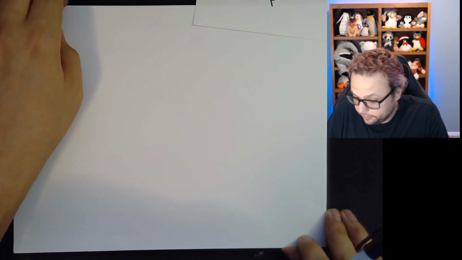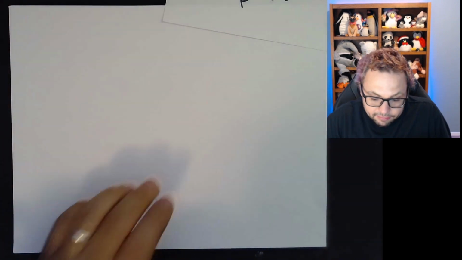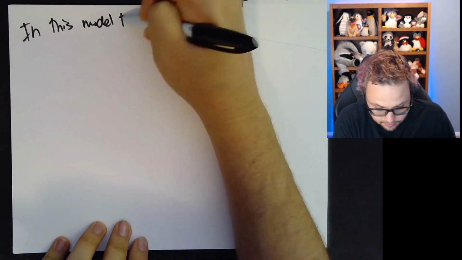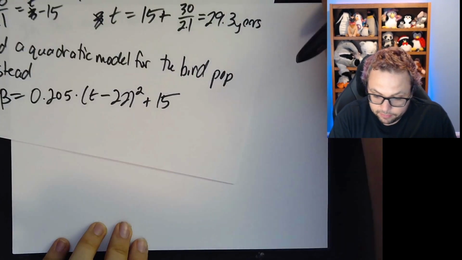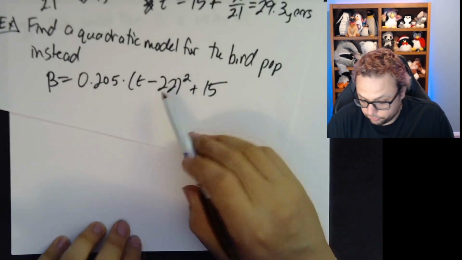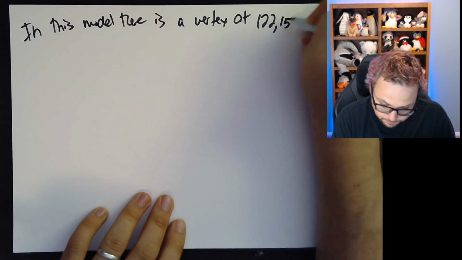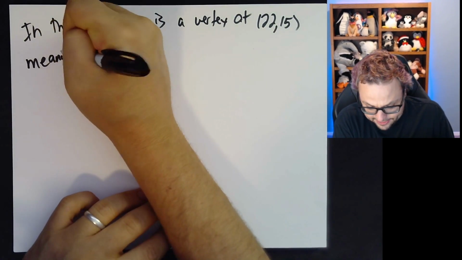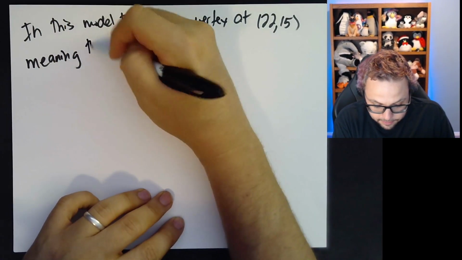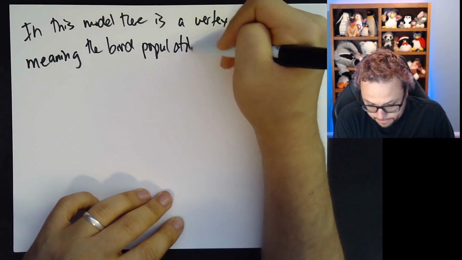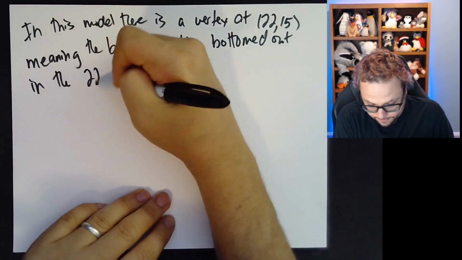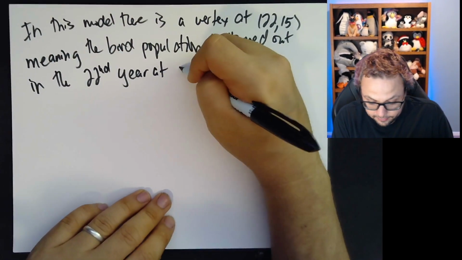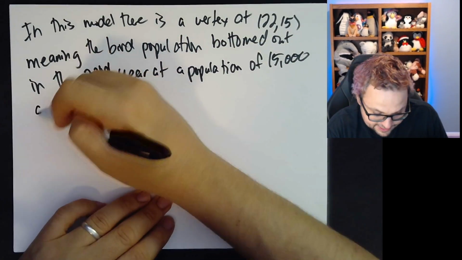So in this version, here we have a vertex, and you can just read the vertex straight off of the way we've written the model. The vertex is (22, 15). And what does that mean in this case? Meaning the bird population bottomed out in the 22nd year at a population of 15,000 and is now recovering.